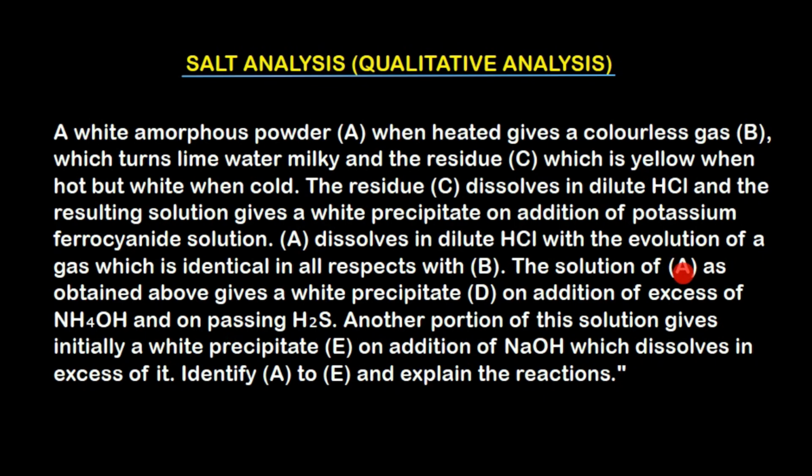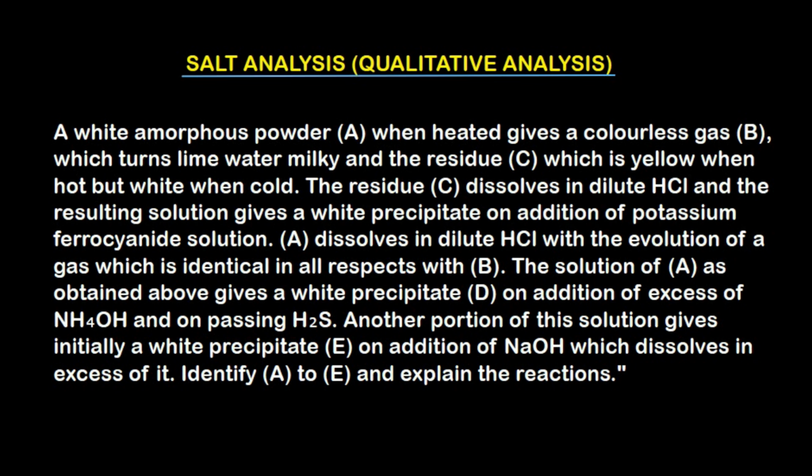The solution of A obtained above gives a white precipitate D on the addition of excess ammonium hydroxide, NH4OH, and passing of H2S gas. This is a good indication. You can see the ammonium hydroxide and the hydrogen sulfide: in an ammoniacal solution, when you pass H2S gas, it is the precipitating reagent of the fourth group.